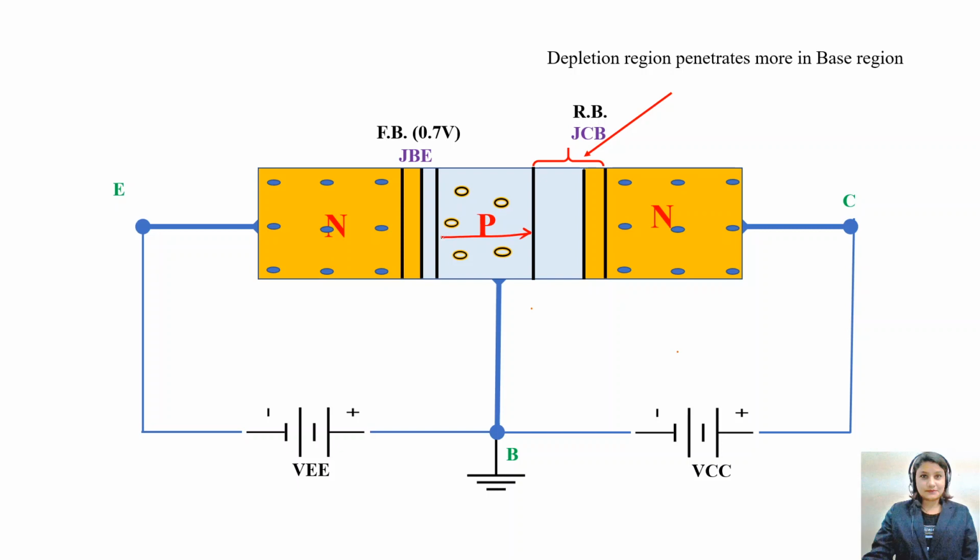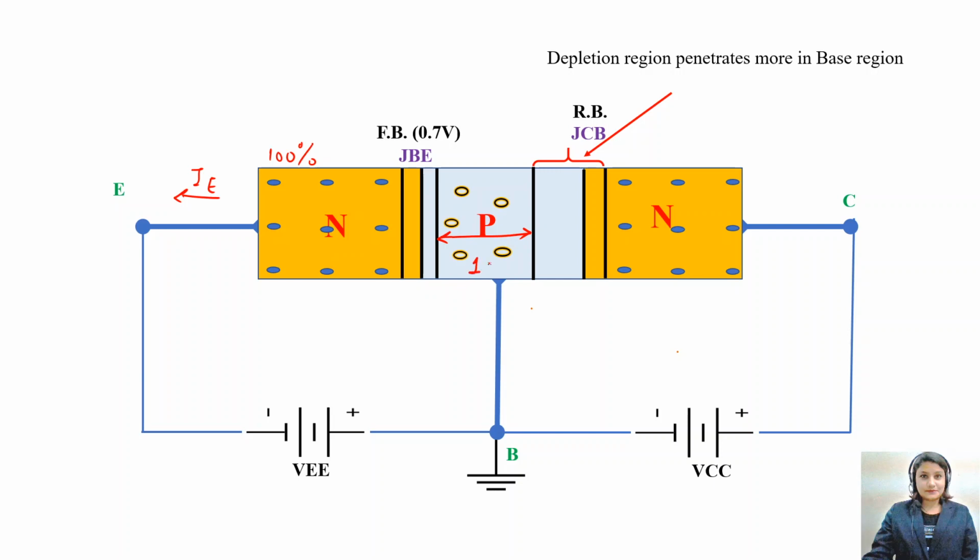So you can ask me, what happens if this base area is reduced? Okay, fine. This base area is reduced. But what happens to IE then? Right? Here I told you that 100% of electrons are traveling and only 2% of electrons are recombining. So if the base width is reduced, this recombination of electrons will also reduce.